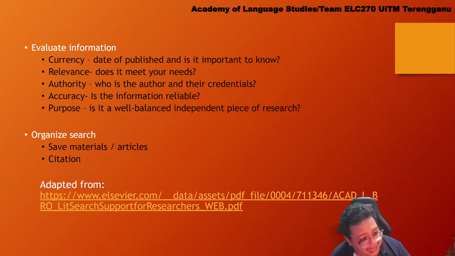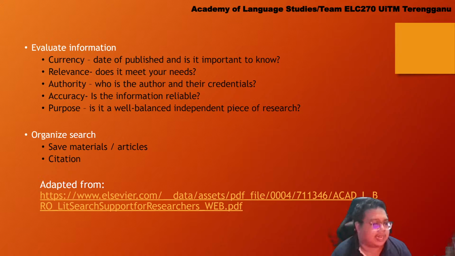Then accuracy. Is the information reliable? Meaning, you look at A, you look at B. They talk about the same thing. But are they reliable or not? If they are talking about the same thing, then yes, the information is accurate. But maybe A talks about this and B talks about that, so it might be inaccurate.